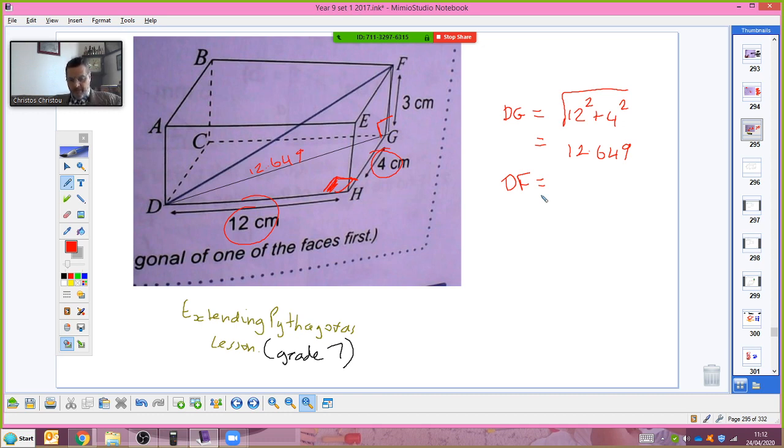Via, any ideas how to work out D to F? I just have, haven't I? So what do you want to do with it now? Okay, mute yourself. Izzy, are you here? Where's Isabella? Unmute yourself, let's talk.